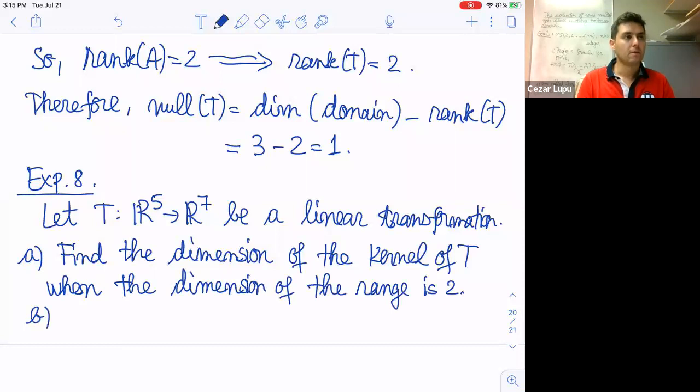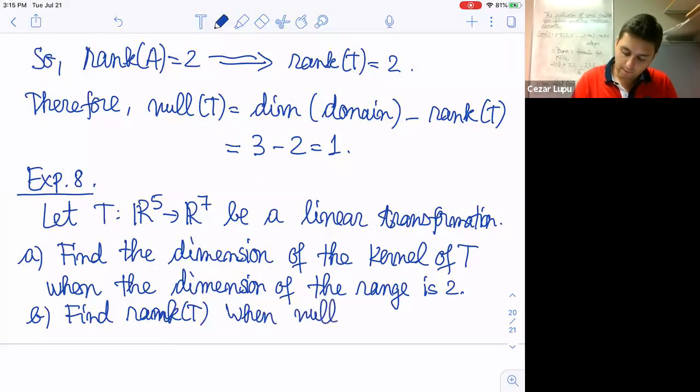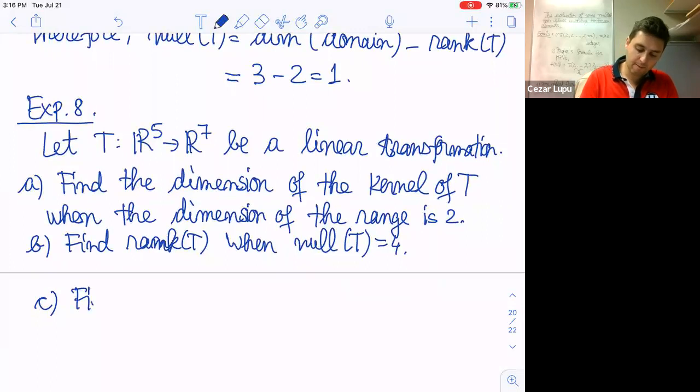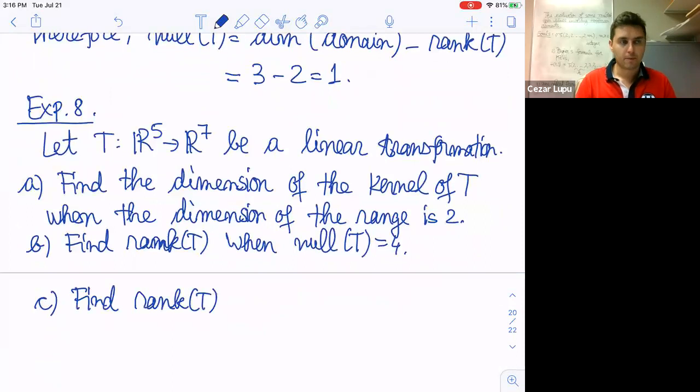B, find the rank of T when the nullity of T is 4. And C, let's say, find the rank of T when the kernel of T is nothing else than just the null element.